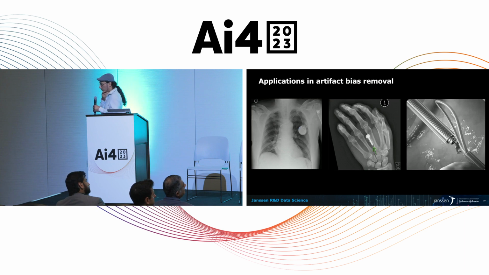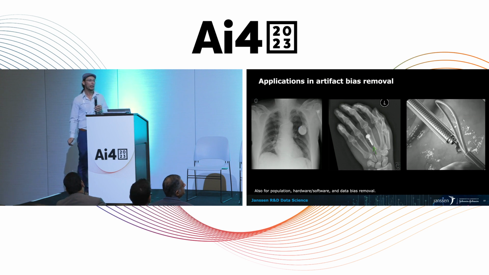So this is something we're actively working on, this area of whether generative AI can be used to remove biases, in particular artifact biases. And the suggestion here is that you might be able to. And also you might be able to use this to remove biases in the population as well.